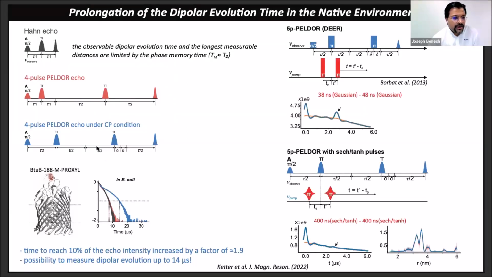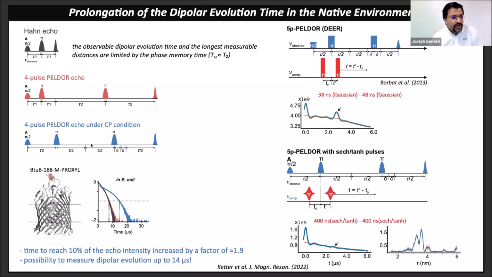It is known that if we place these pulses under a Carr-Purcell condition, where the second interpulse delay is approximately 2 times the first interpulse delay, this can minimize the effect of nuclear spin diffusion on electron spin relaxation. As you can see here, the relaxation is significantly prolonged, which could enable, in principle, the measurement of dipolar evolution time up to 14 microseconds, or distances up to 8 nanometers in the cellular environment.